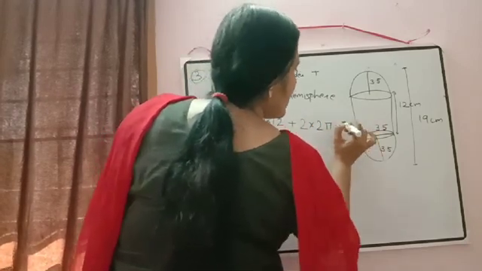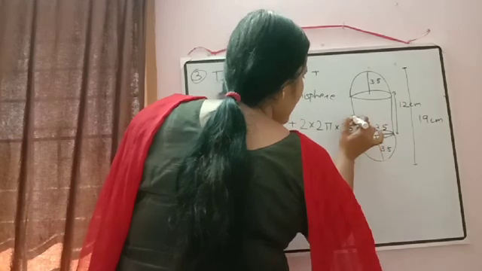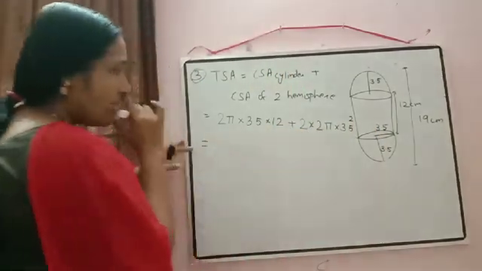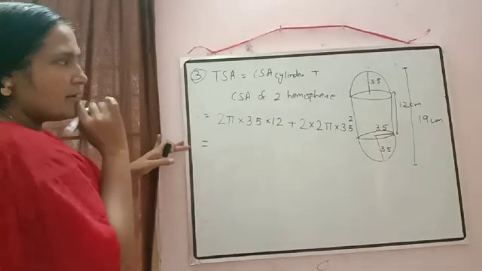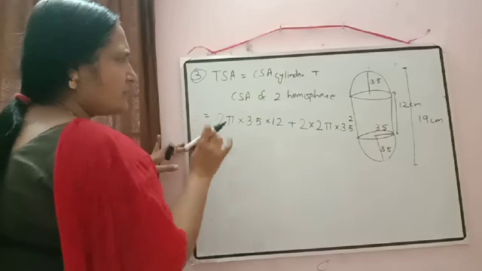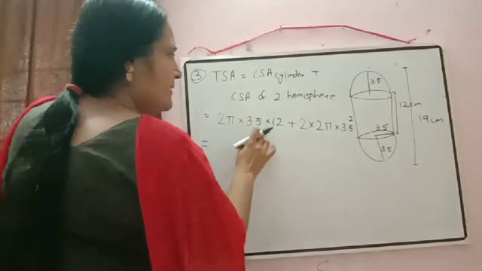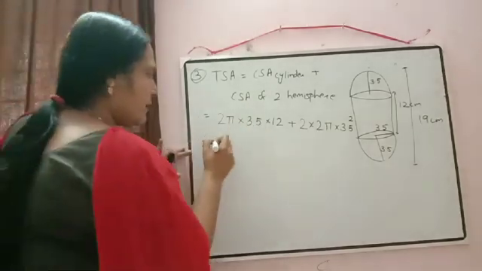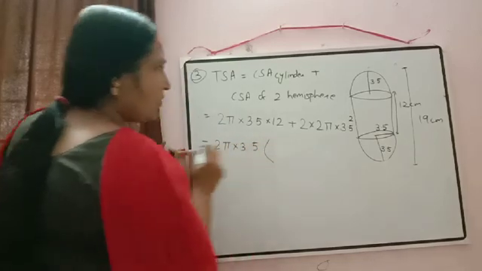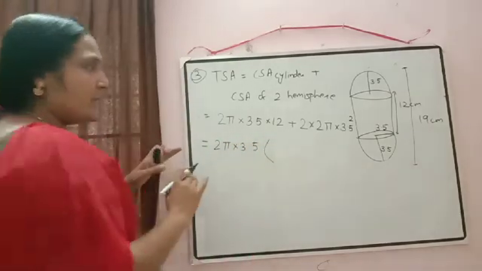What is the radius we have? 3.5. So 3.5 square. Now just to check, what are the things common? To make your calculation easier, take the common factor outside. 2 pi common and 3.5 also common, taken outside. What is remaining in the bracket?